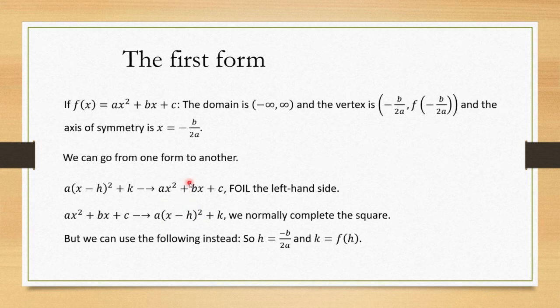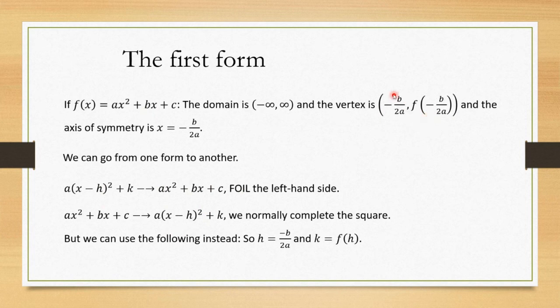Now, if you know about vertical and horizontal translations, you could use this to graph the parabola. Again, I didn't go over that, so I'm not going to go into that. But what's nice is here, you can get the vertex. We have these formulas, it turns out. If you happen to have this form of the quadratic function, the vertex is just this here.